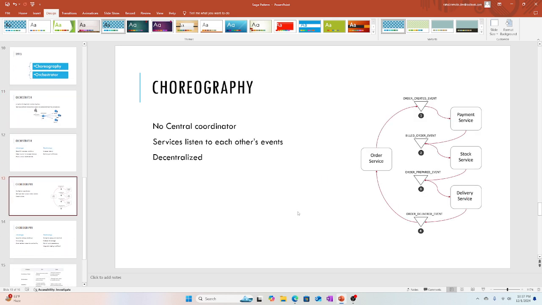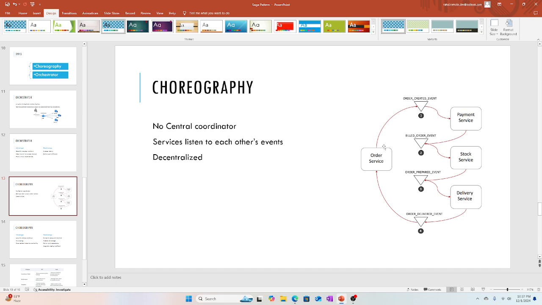In the same way, orchestration also works. If any of the services fails, it will trigger an event to a topic, and that topic will be consumed by the other service, and that service is going to revert the transaction.